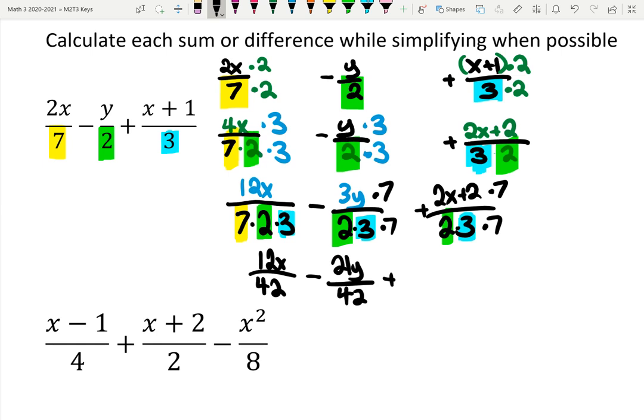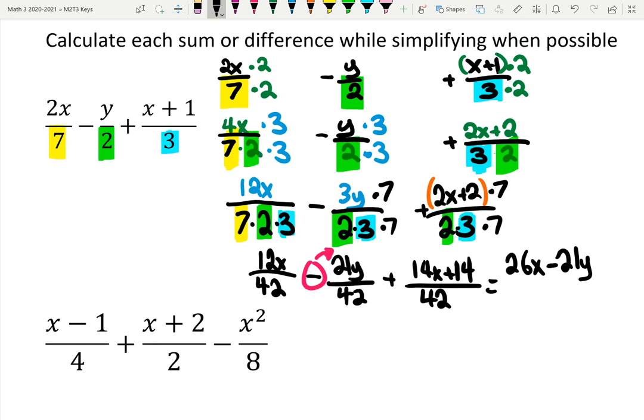And then I'm going to go ahead and add. I do have to distribute the 7 to both the 2x and the 2, making 14x plus 14 over 42. When subtracting, I got to make sure I include the subtraction sign with the 21y. So when I combine it as a single fraction, it is going to read 26x minus 21y plus 14 all over 42.